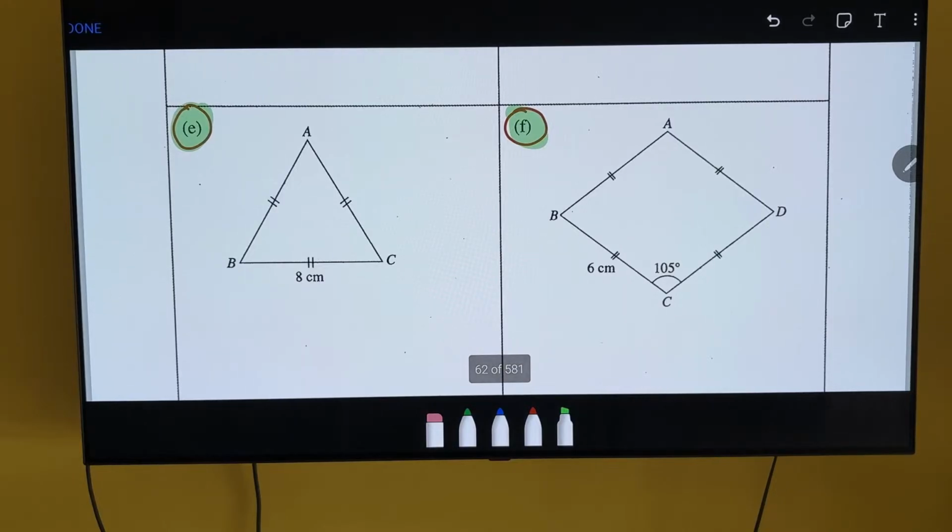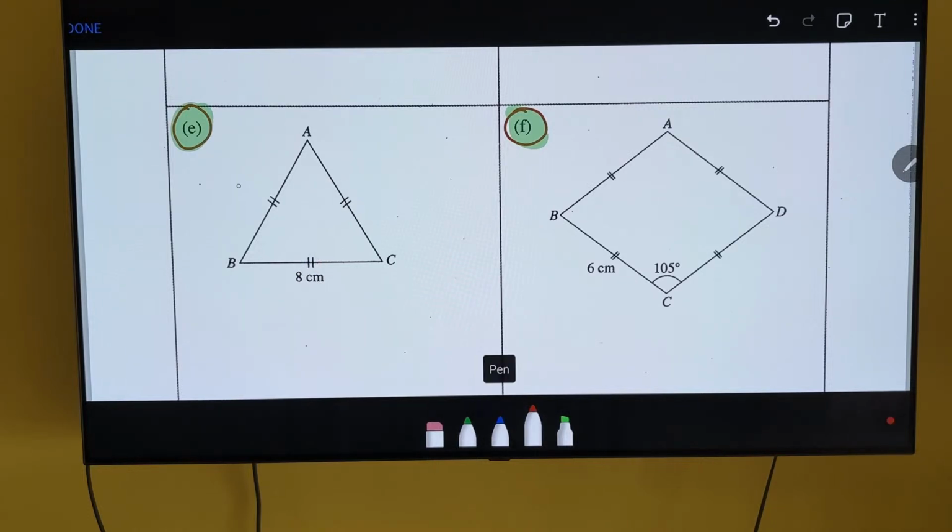Now let's have a look at question E and F, which is slightly different from what we have just seen. For question E, you realize that it's an equilateral triangle. Equilateral because we are given these strokes on each side of the triangle, and this means that because the strokes determine the length being the same for each side, hence each side is actually 8 centimeters.